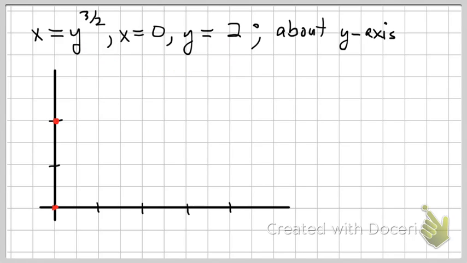So when y was 2, x was 2.8. So here's the horizontal line y equals 2, the vertical line x equals 0, and then we have that graph x equals y to the 3/2, like so.